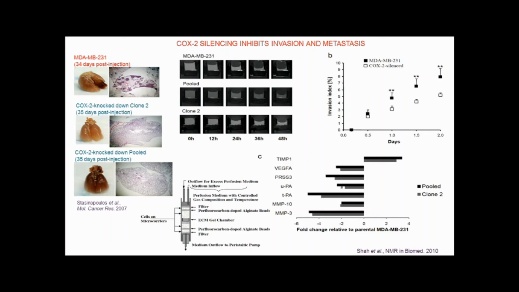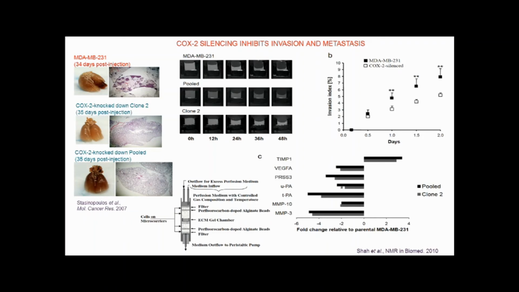And here, what was observed is that if you take these cells and you layer them on matrigel and you visualize the degradation of matrigel non-invasively with MRI, you see that the wild-type cells, shown in the central panel, degrade matrigel significantly by 48 hours, but with the COX-2 knockdown cells, you see much less degradation of the ECM.